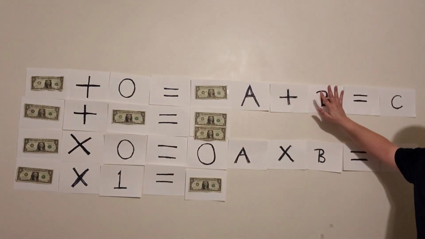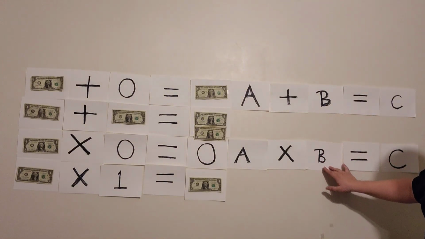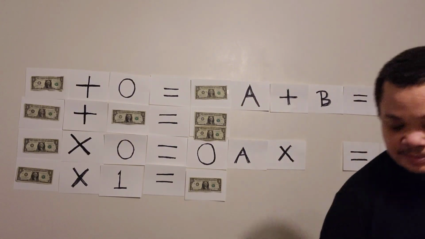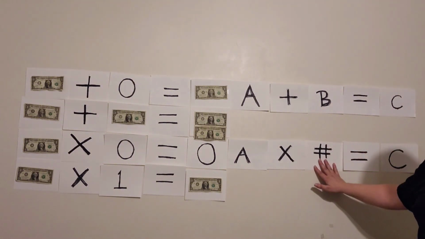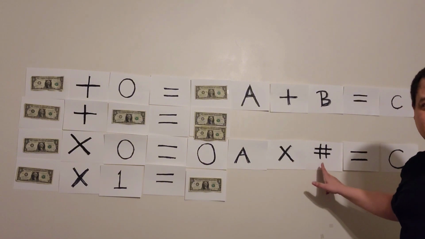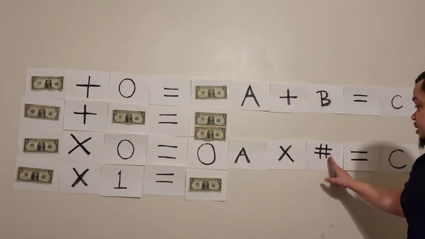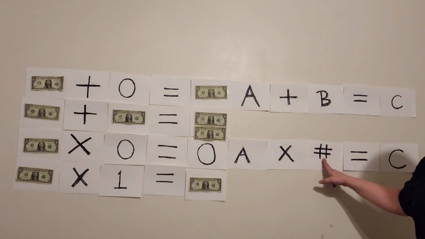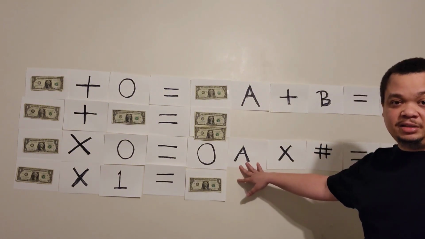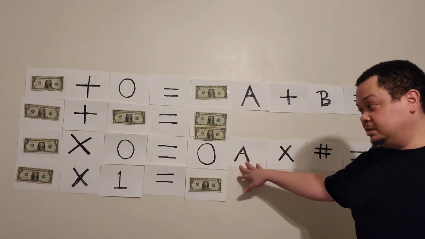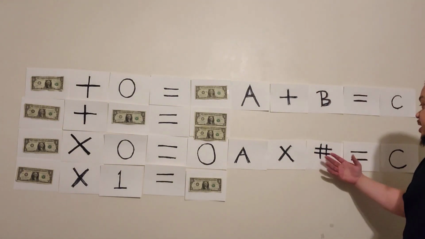Because this is a unit. This is just a number we're multiplying the unit by. And so it's wrong. It can't be like this.